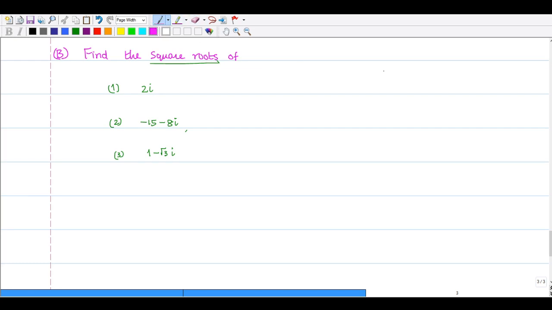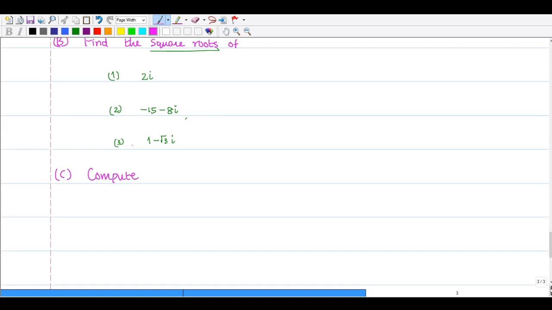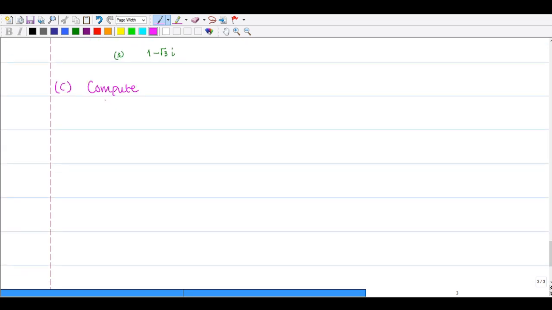Compute. Number 1 is 2i divided by 1 plus i, the whole power 1 by 6.